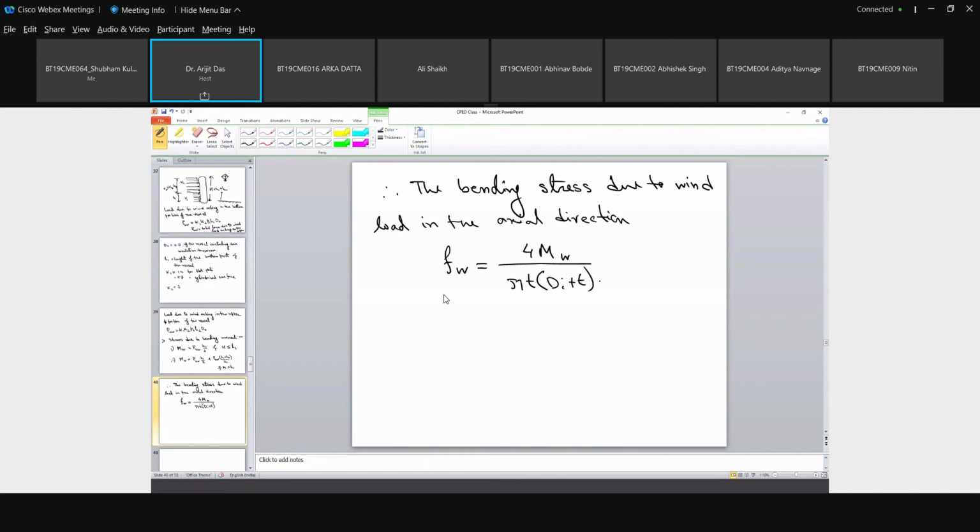Or we can also write 4MW by pi D naught squared into T, or D squared into T. So these are the stresses induced due to the wind load.